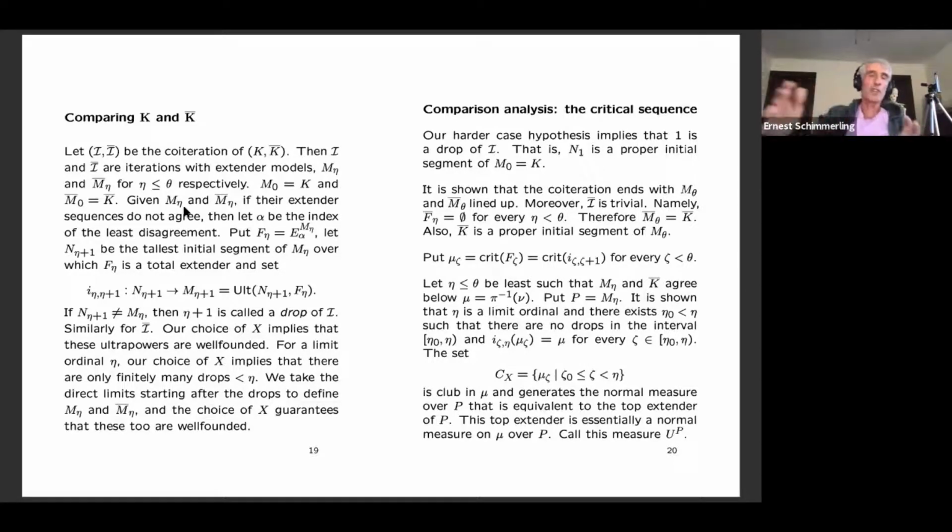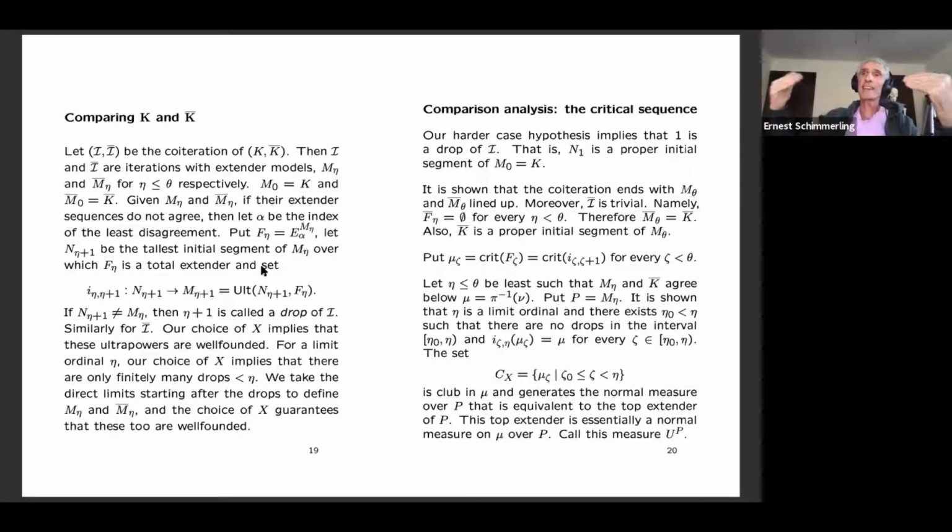Okay, so continuing the description, we also have limit stages, and at the limit stages, you take direct limits. Now, there was something omitted from my description at the successor steps, which is that when I said take the ultrapower, you have to remember that we're even in the situation where there isn't a measurable cardinal.